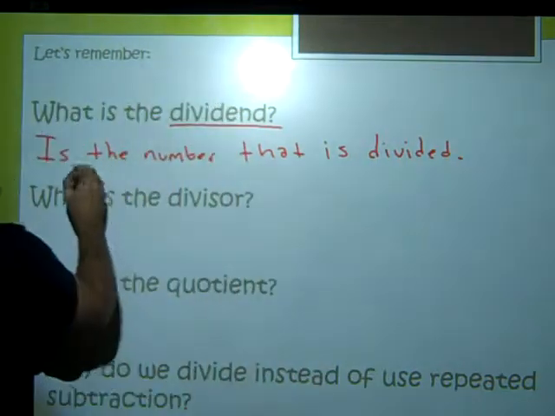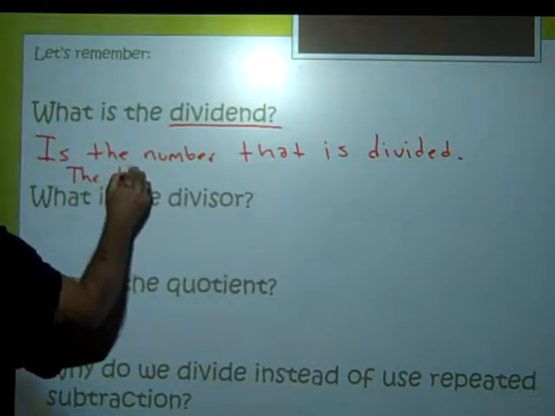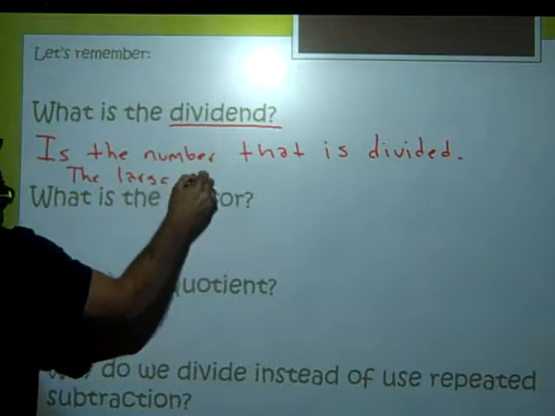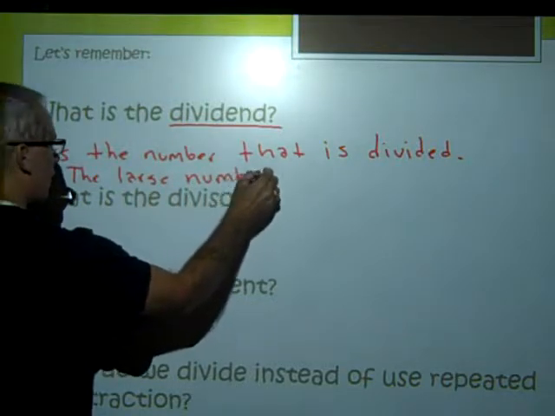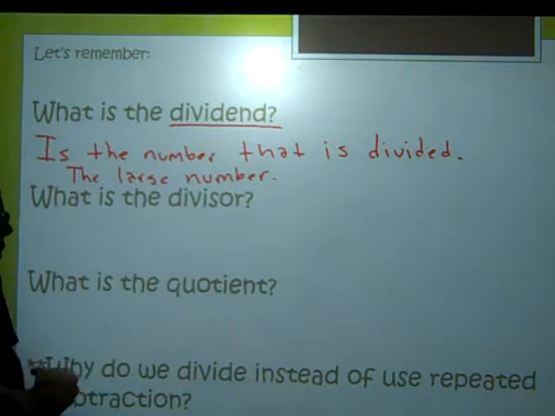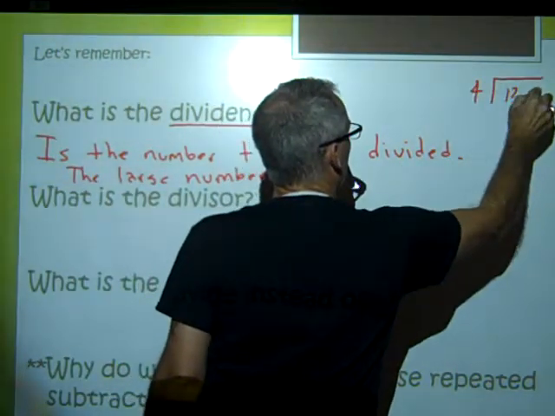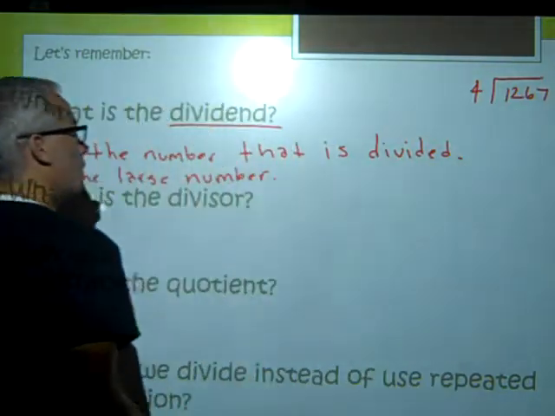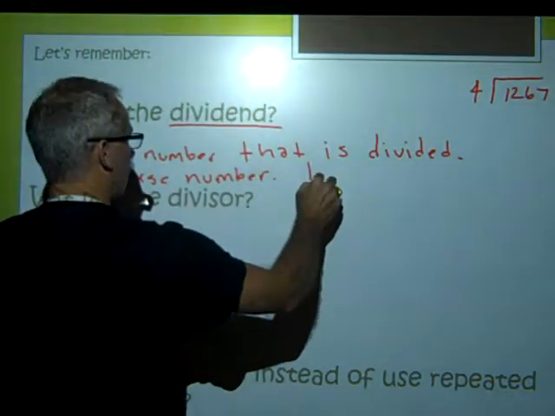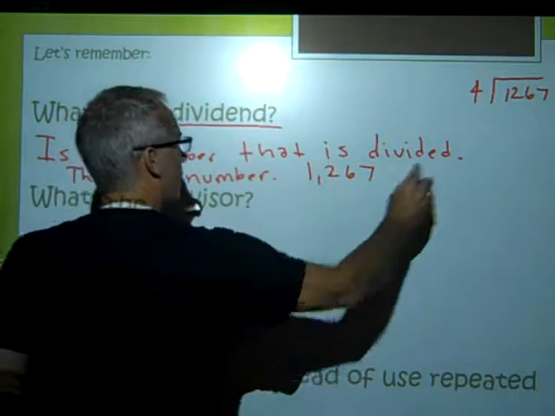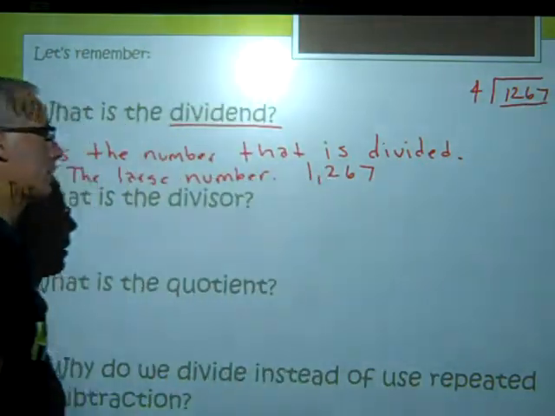It's also the large number in a division problem. It's the big number, and it's the one that's underneath the division bar. So if I had a division problem, 1,267 would be my dividend. It's the number that I am dividing, the one I'm breaking into smaller pieces.